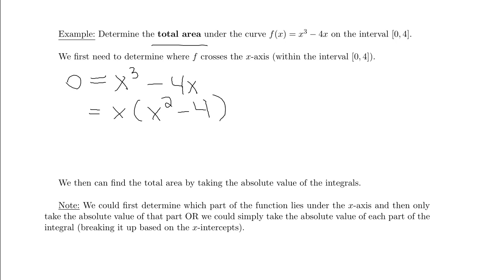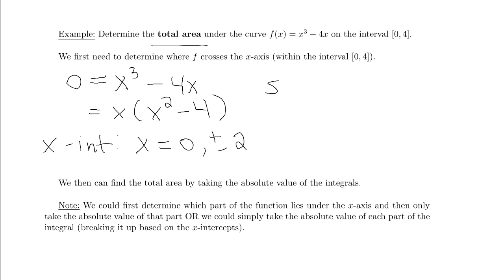And so that tells us that our x-intercepts on the entire domain are x equals 0 and then plus or minus 2. So on the interval 0 to 4, it's only going to cross the x-axis at 2. At 0 it also crosses, but that's an endpoint, so it doesn't matter. So we're looking for values in between 0 and 4 where it crosses.